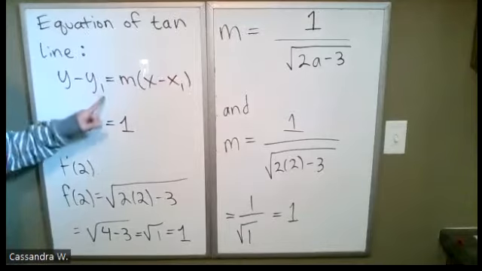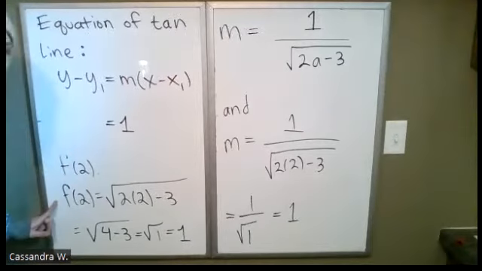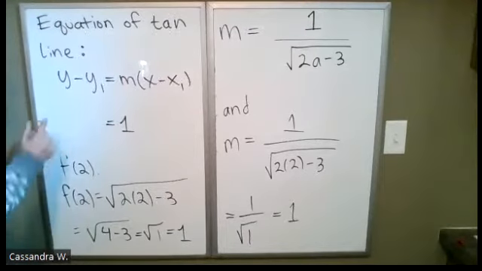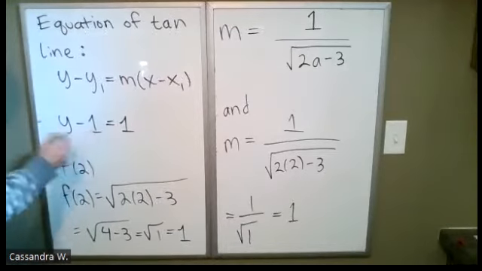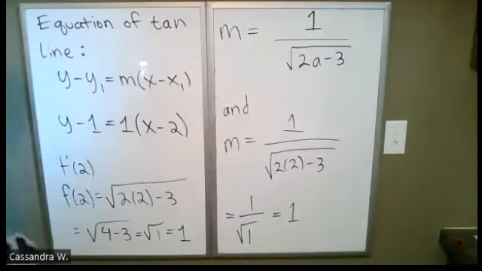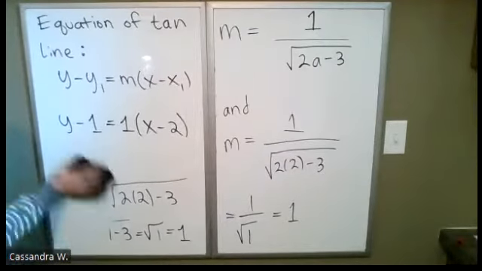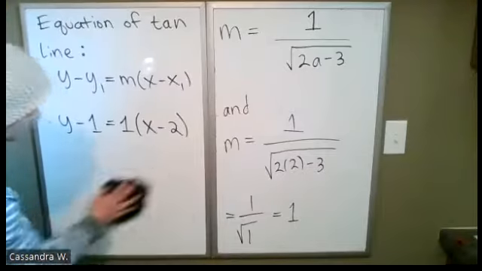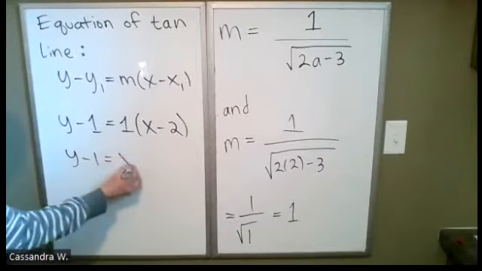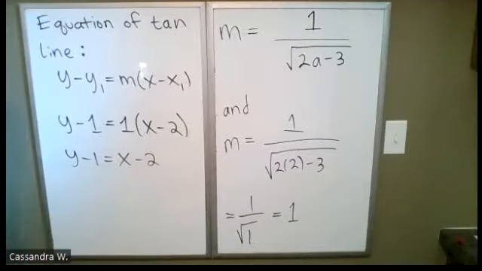And then y minus y1, where y1 is your output at that point, we're going to put in 1, and then times x minus 2. Okay, y minus 1 equal to x minus 2. Add 1 to both sides, you've got y equal to x minus 1.